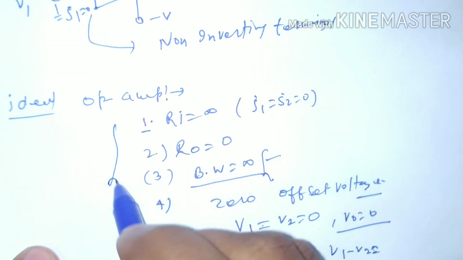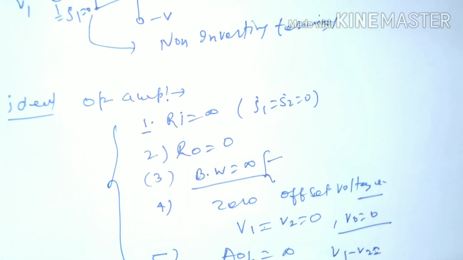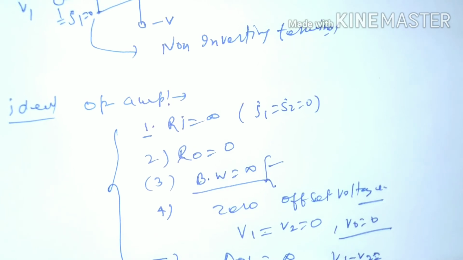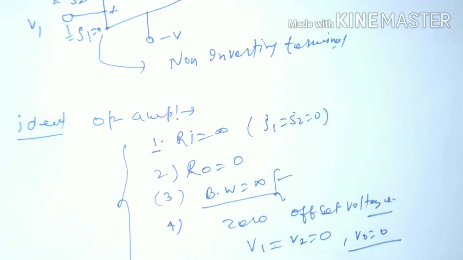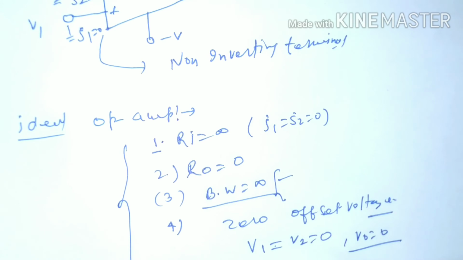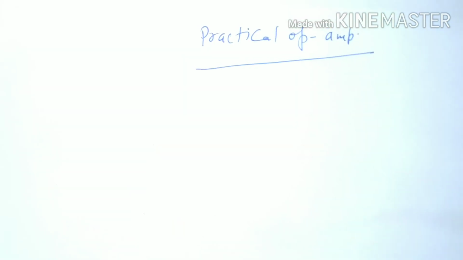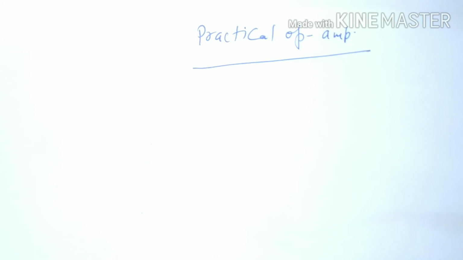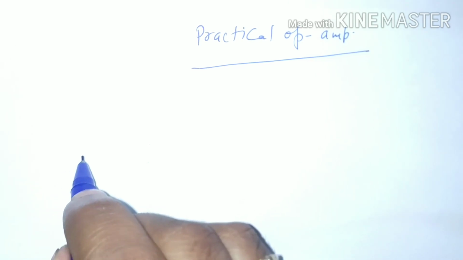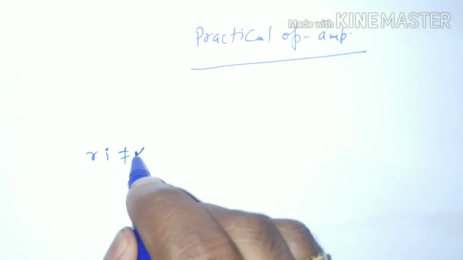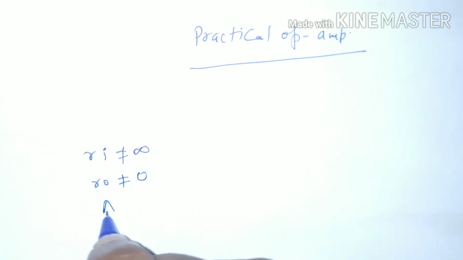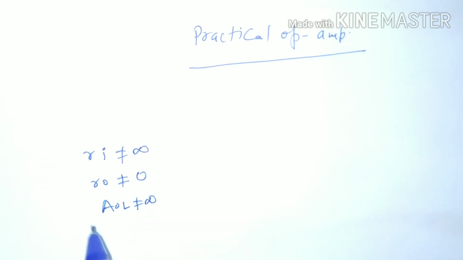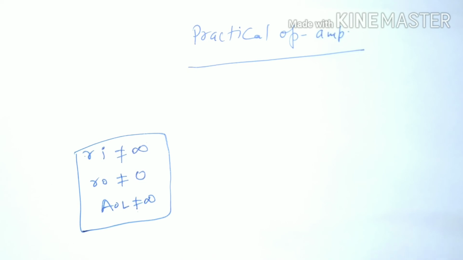But practically it will not follow this. In a practical op-amp, the input impedance is not infinite, the output impedance is not 0, and the open loop gain is not infinite. Practical op-amps are quite different from ideal op-amps, and its circuit will be as follows.